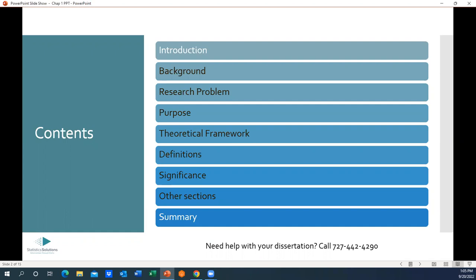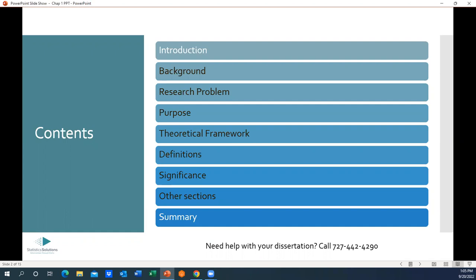We know what you're going to talk about. We know why. How are you going to do it? How are you going to conduct your study? A lot more of the how is involved in chapter 3, the methodology, but usually there's some preview of it in chapter 1.